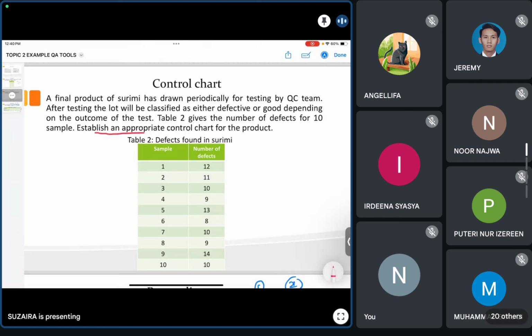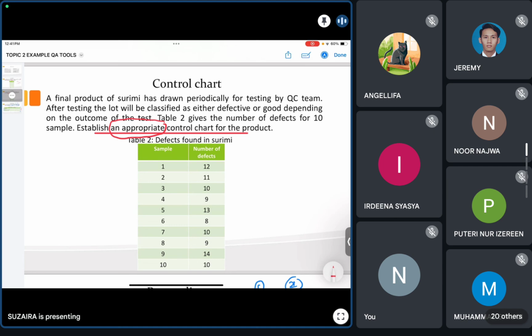Establish an appropriate control chart. See the keyword, appropriate. So it won't give any P chart or C chart for you to develop. You have to think about it. And whenever you look at these kinds of questions, the hint for this one is C chart or P chart. This one is C chart.